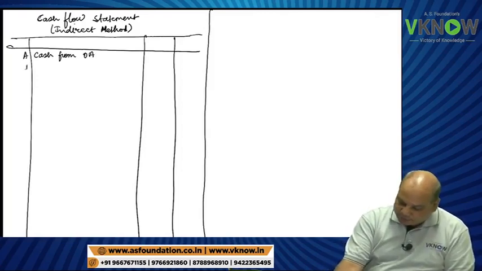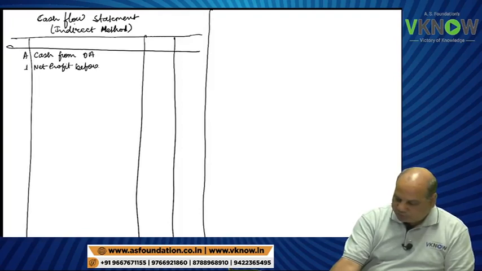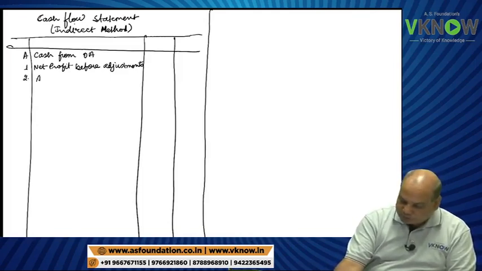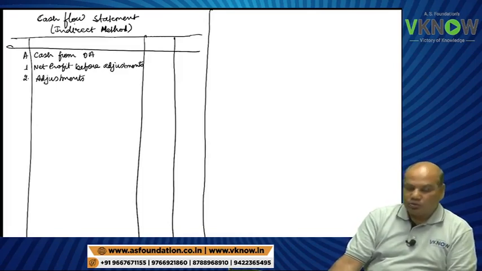Under that write down 1, net profit before adjustments. Point number 2, adjustments.